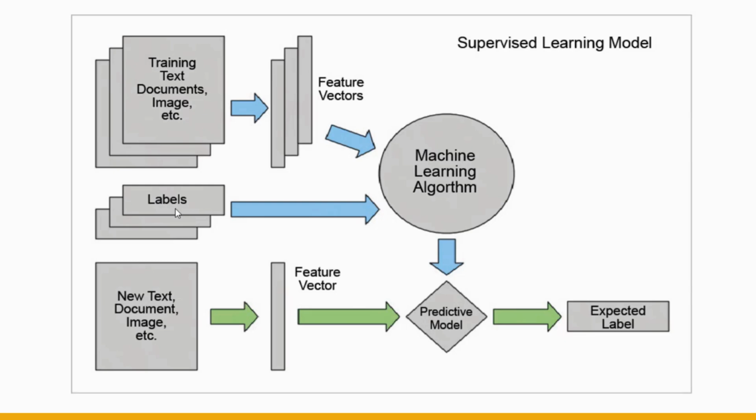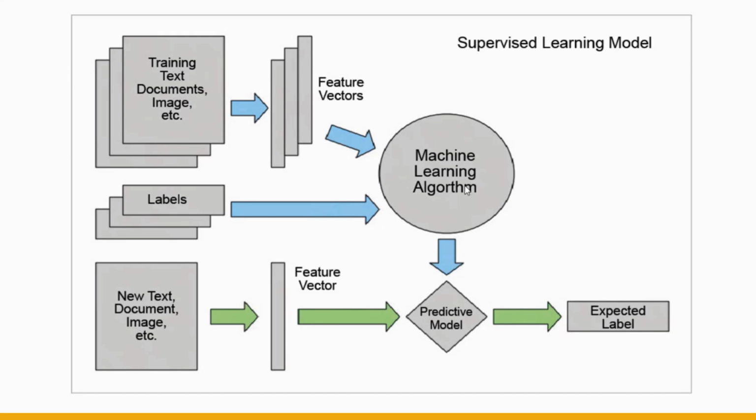For example, if your training set is a collection of images of animals, then every image will have a label. If it is a dog image, the corresponding label dog will be there. If it is a cat image, the corresponding label cat will be there. Likewise, every data item will be labeled and given to the machine learning algorithm.